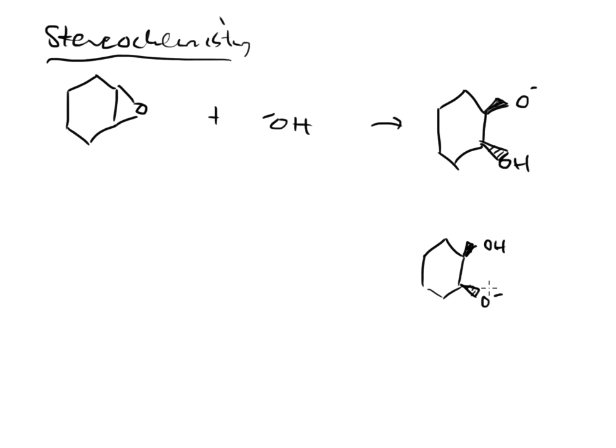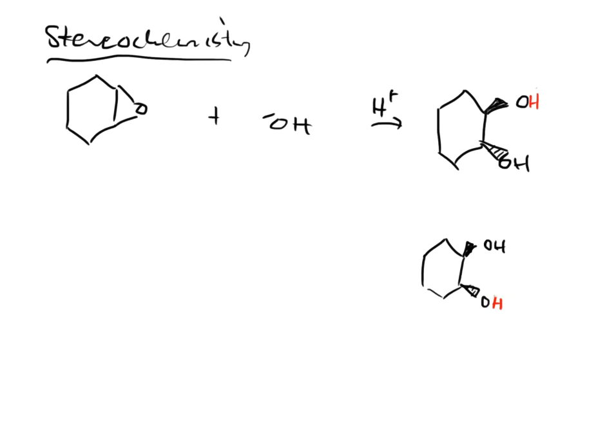Well, in the next step, we would normally add H plus, and the H plus would allow me to take that hydrogen and satisfy that O as well. So we end up with two OH groups. Now, is there a difference? Both of these are trans.